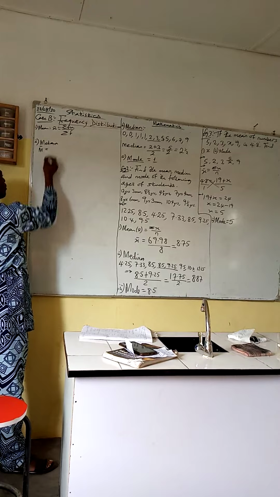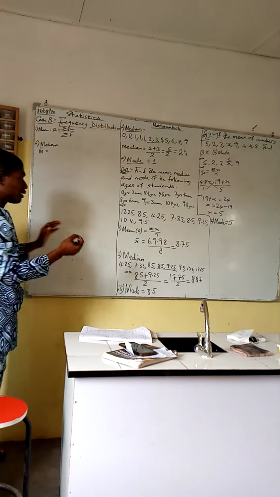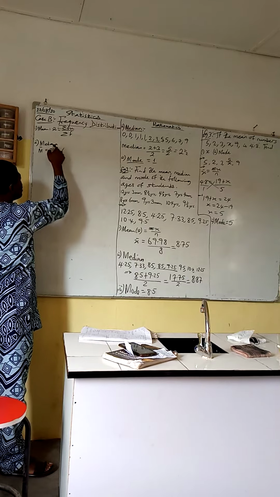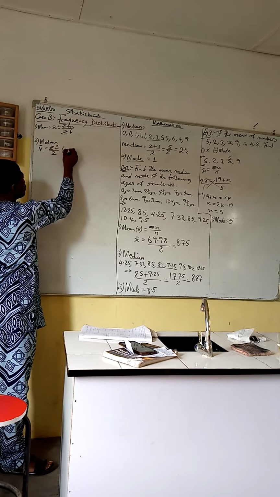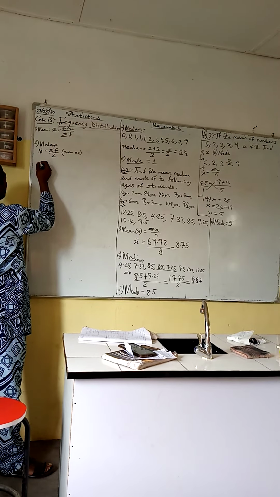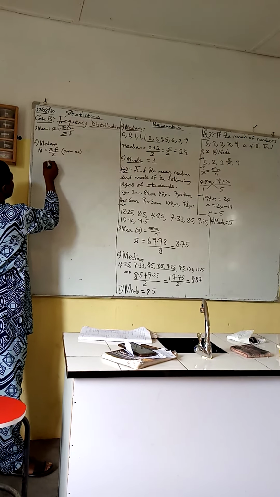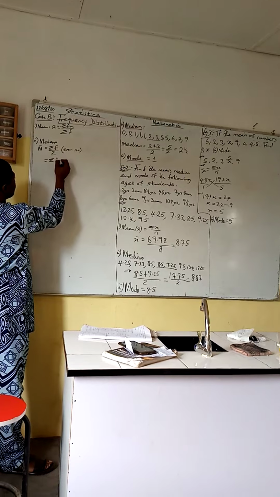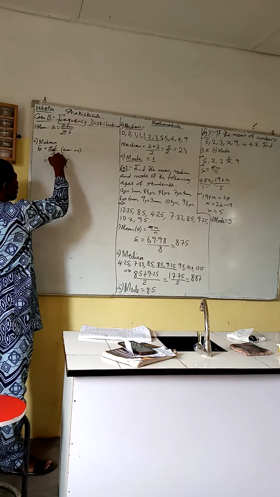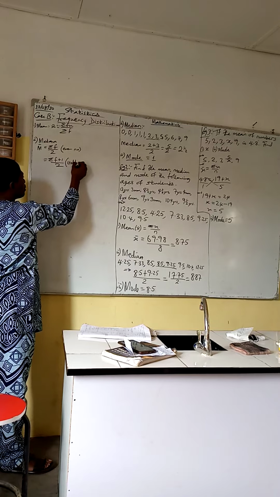The formula is summation f over 2 when the summation of f is an even number, and summation f plus 1 over 2 when the summation of f is an odd number.